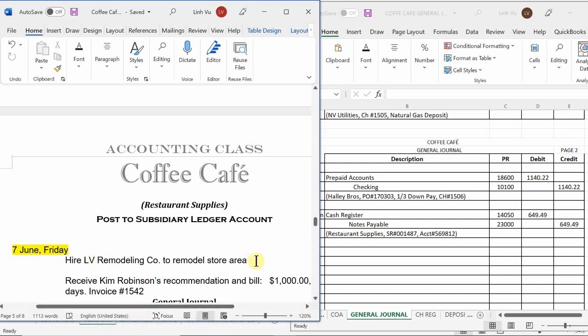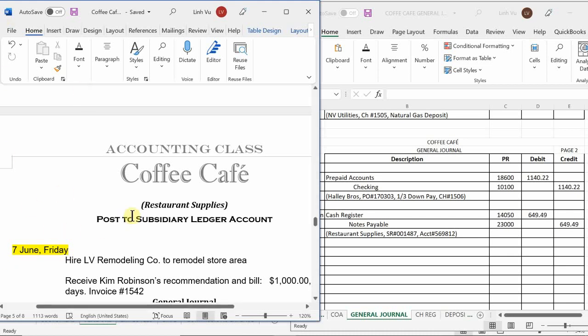Is that something that we need to journalize? No. No, we just simply hired them. We don't know whether they completed the job or not. Most likely, if you're going to be remodeling a store, it's going to take at least a couple days. Other than that, we never received a bill. We don't know how much their services is going to be because the job's not done yet. Okay? So in this case, no, you do not need to record that.